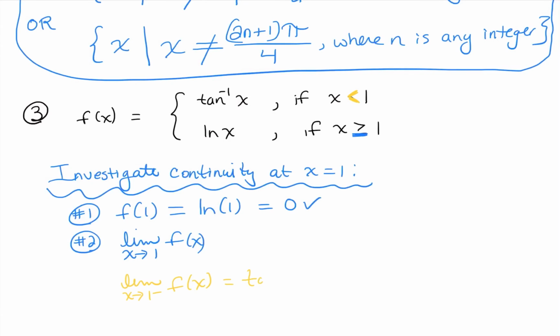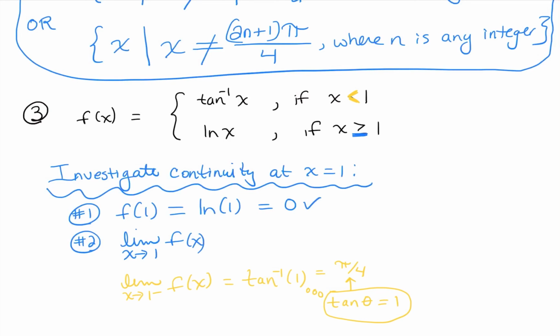So this is going to be our tan inverse of 1. And so you should be thinking, for what value of theta is tangent of theta equal to 1? And so that is going to be pi over 4.